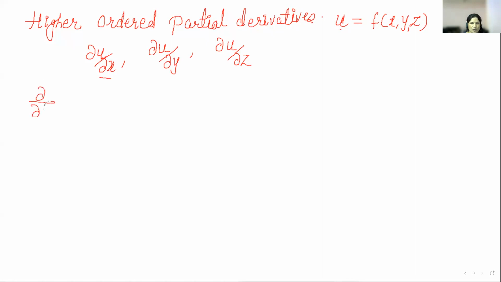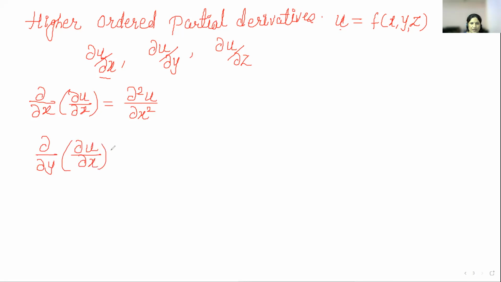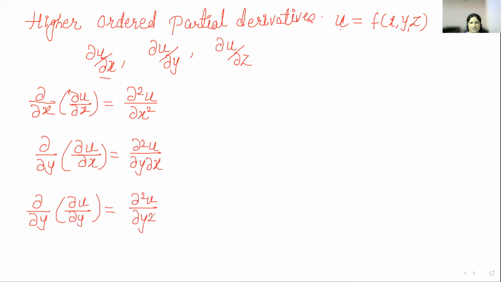Just as we have discussed, ∂/∂x of ∂u/∂x can be written as ∂²u/∂x². Next, ∂/∂y of ∂u/∂x will be ∂²u/∂y∂x. Then ∂/∂y of ∂u/∂y is equal to ∂²u/∂y².